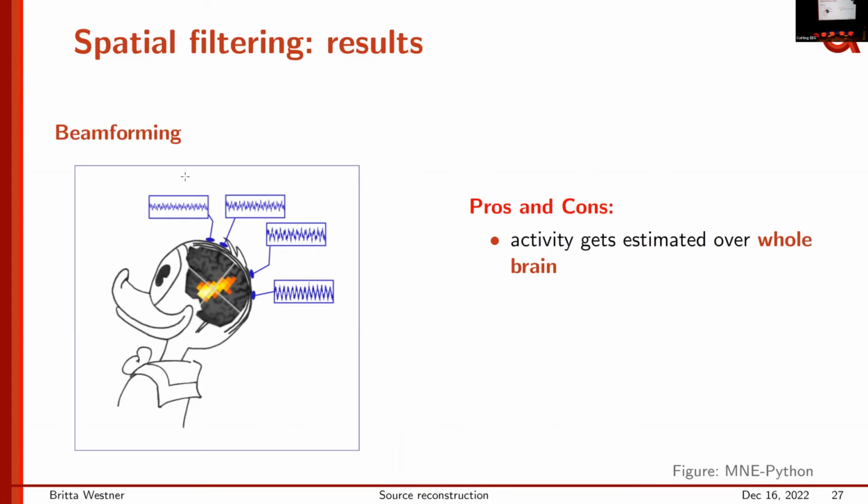So again, the activity gets estimated across the whole brain. You get pretty blocks on the brain here. And something I actually haven't talked about yet in detail, because we construct a filter for each of those grid points individually, independently, the beamformer is selective to activity.